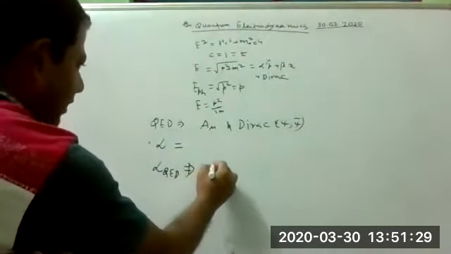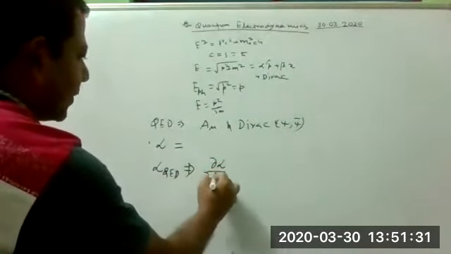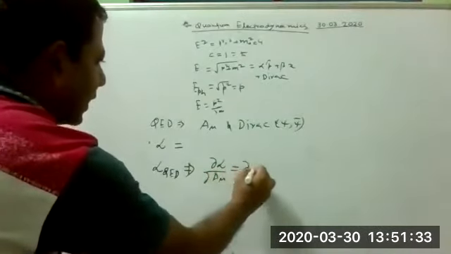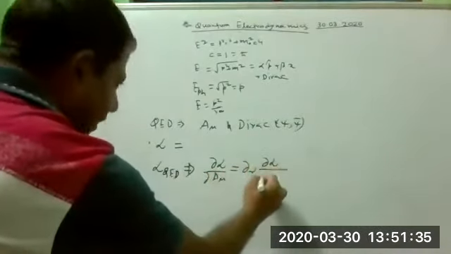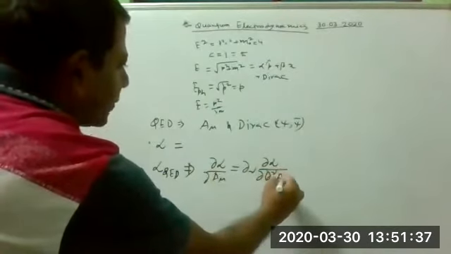The equation of motion of the LQED is del L by del A mu equal to del mu of del L by del of del mu A mu.